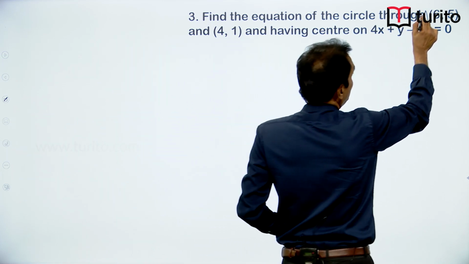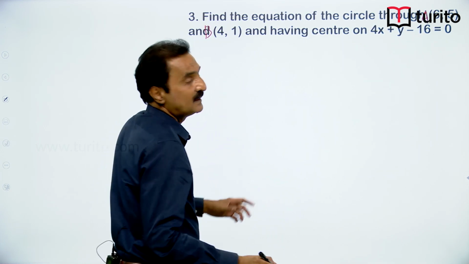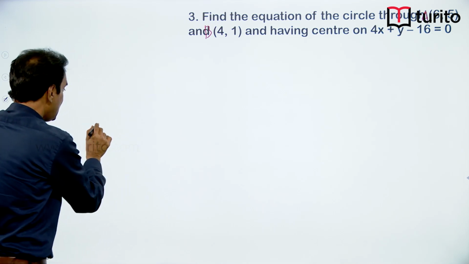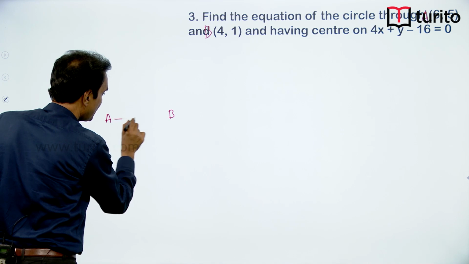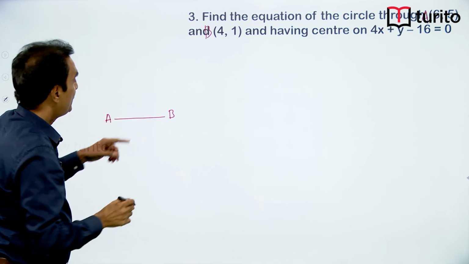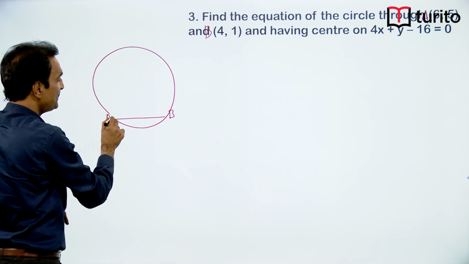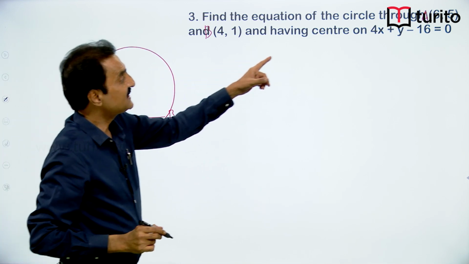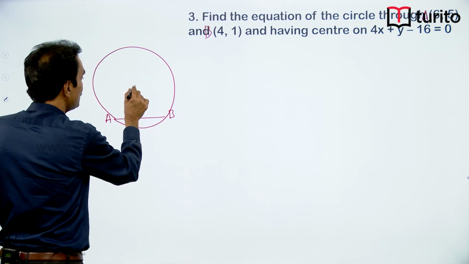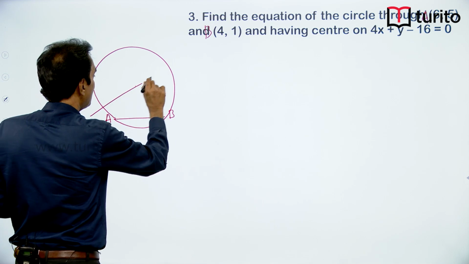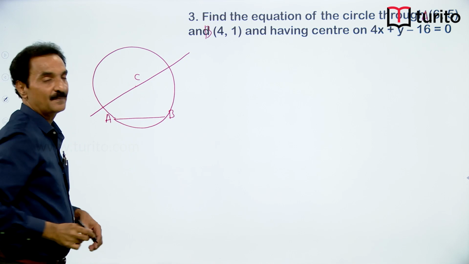Let us denote these points by A and B. The circle passes through A and B. Draw a circle passing through A and B, and it has its center on the line 4x + y − 16 = 0. So, through the center draw some line. Let the center be C.